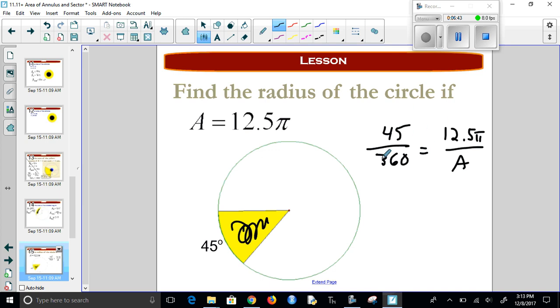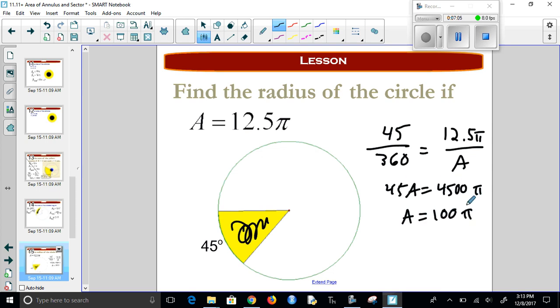So now we can cross multiply. 45 times the area of the whole circle is going to be 360 times 12.5, which happens to be 4,500. Well, that's really nice. Pi. And then you divide both sides by 45 and you'll get 100 pi.